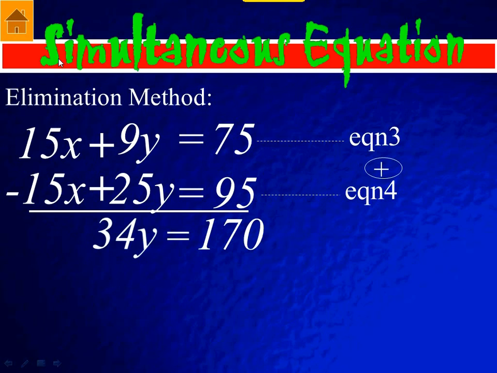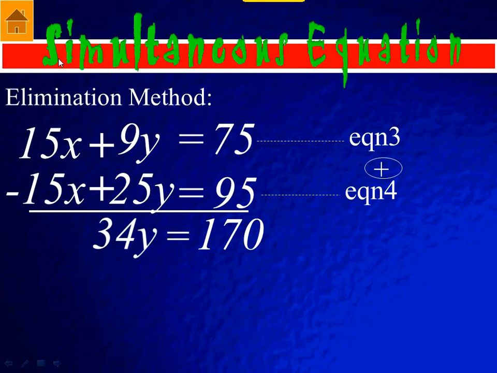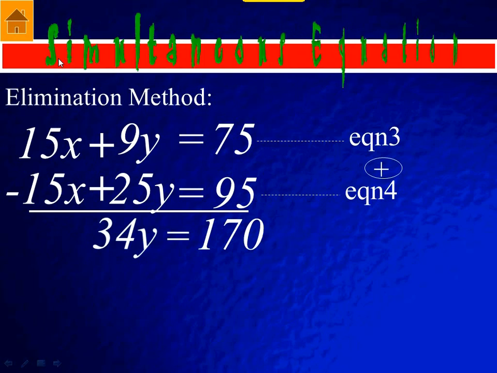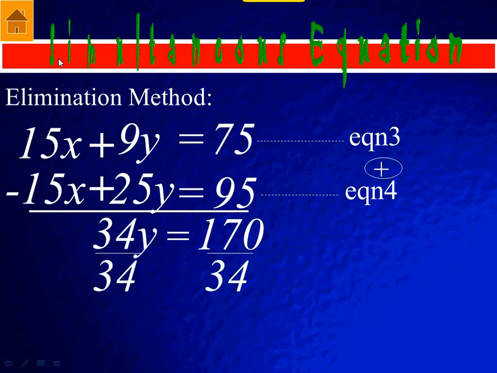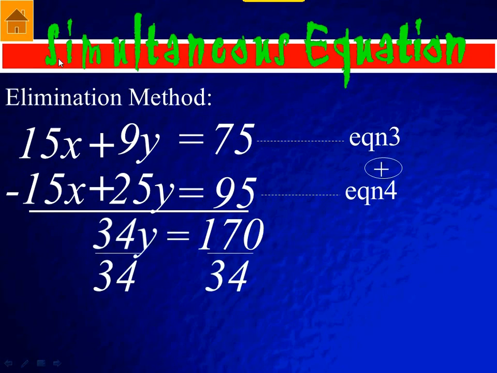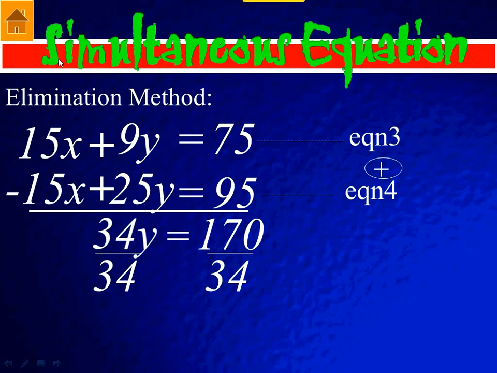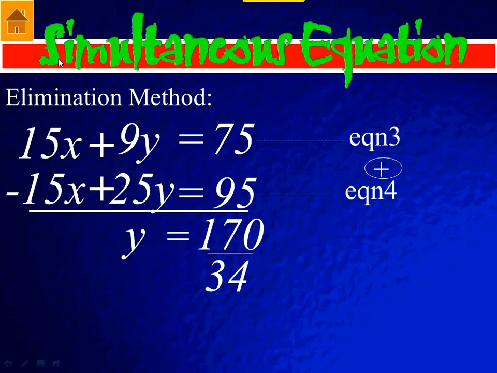The y is being multiplied by 34. The opposite operation to multiplying is dividing. So if we want to have y alone, we need to divide both sides by 34, which is what we do here. That becomes y by itself, and then 170 divided by 34 gives us 5.